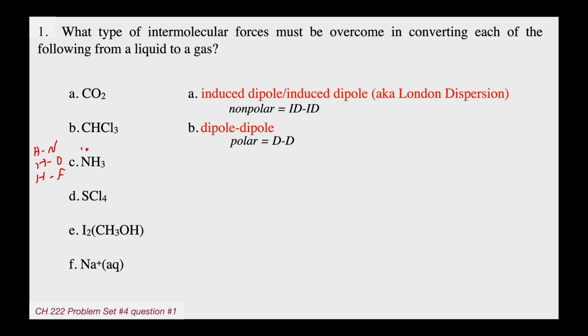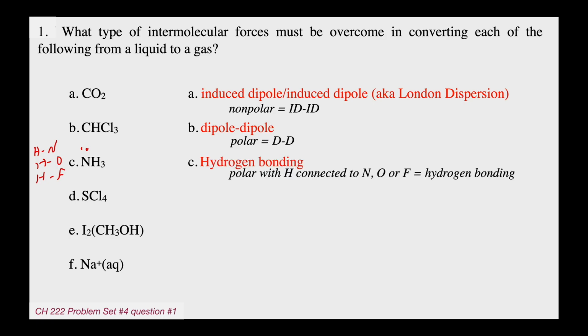And it's so much stronger that it actually gets its own name. And if you remember from lecture, this is called the hydrogen bonding force. So H connected to N, O, or F gives it like super polarity. Okay, it's not just normal dipole-dipole. You actually give it its own name, which is hydrogen bonding. It's a much stronger form of dipole-dipole, and there's lots of interesting effects that happen.